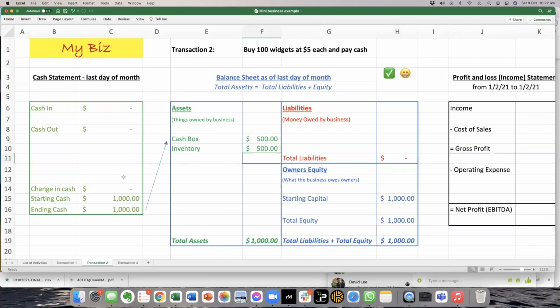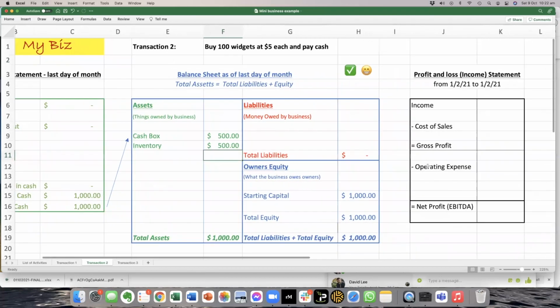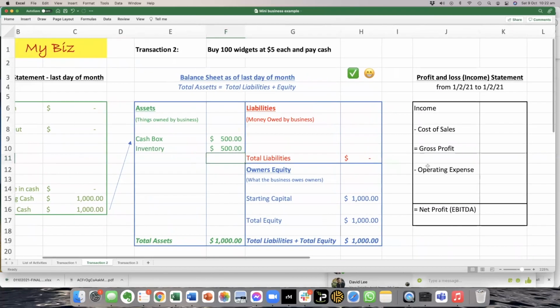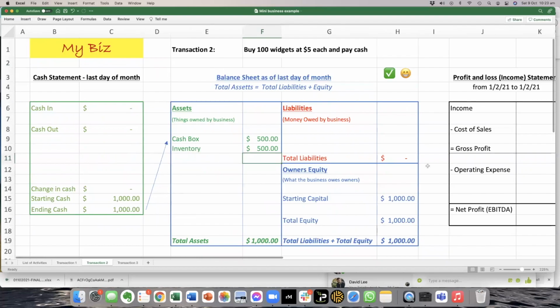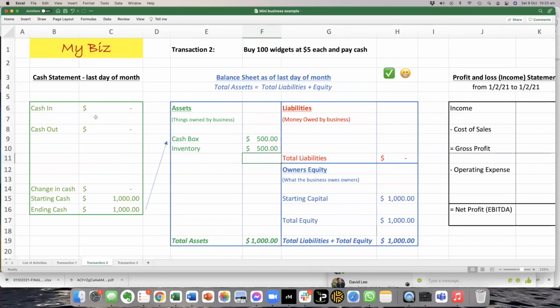So what does that mean now for our cash summary statement? And you'll notice nothing's happened over here yet. We still technically haven't got on the sporting field to play business. Over here, we've now had $500 cash go out. So the change in our cash, we've gone backwards by 500.